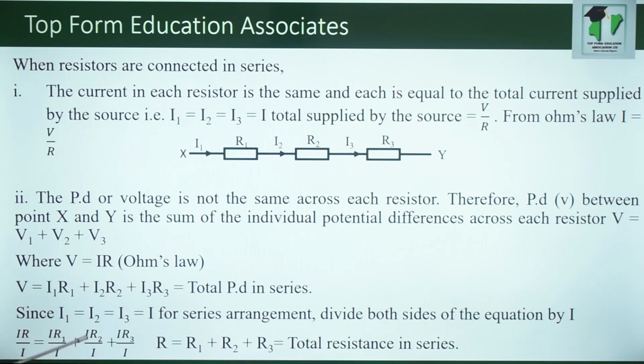This I will cancel out, remaining R2. And this I will cancel out this I, remaining R3. So R here is equal to R1 plus R2 plus R3.